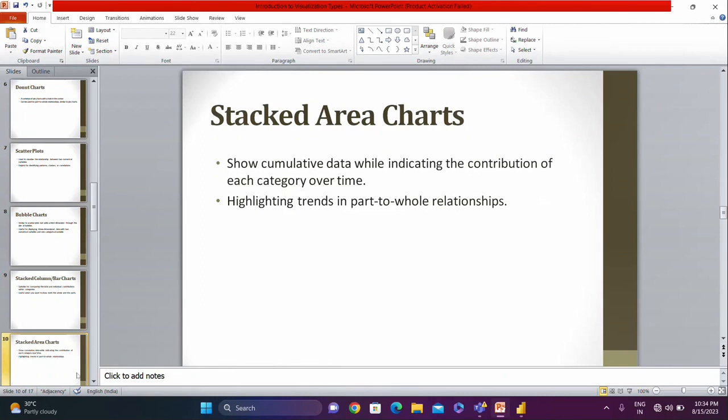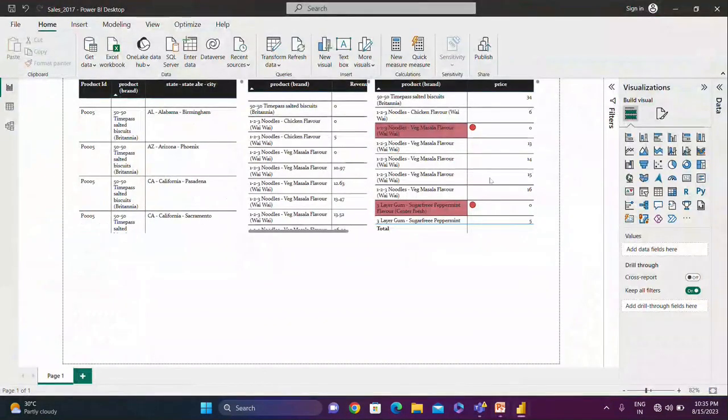So here you can see that it is going to show us the cumulative data as in case of area chart, but the additional thing is indicating the contribution for each category over time. So this is the additional thing that we are getting, highlighting trends in part to whole relationship. Okay, so here you can see that next to area chart is our stacked area chart.